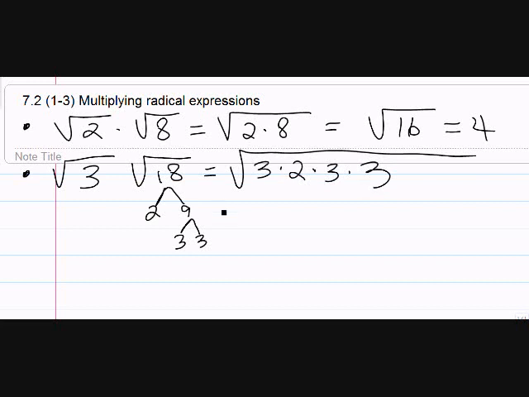Since I'm doing square roots, anytime I see a pair, like those 3's, I get to pull that outside the square root. And I don't have another pair with the first 3, and I don't have a pair with the 2, so those get to stay under the square root. 3 times 2 is 6.